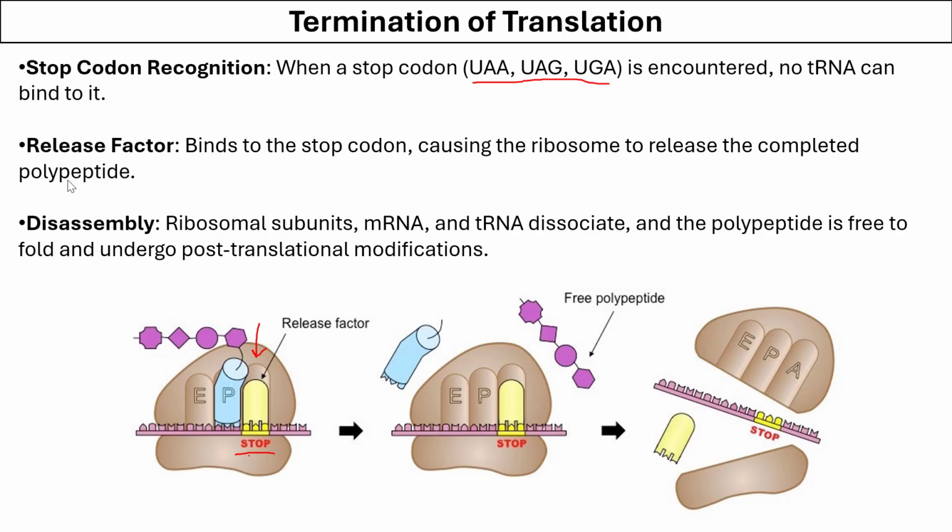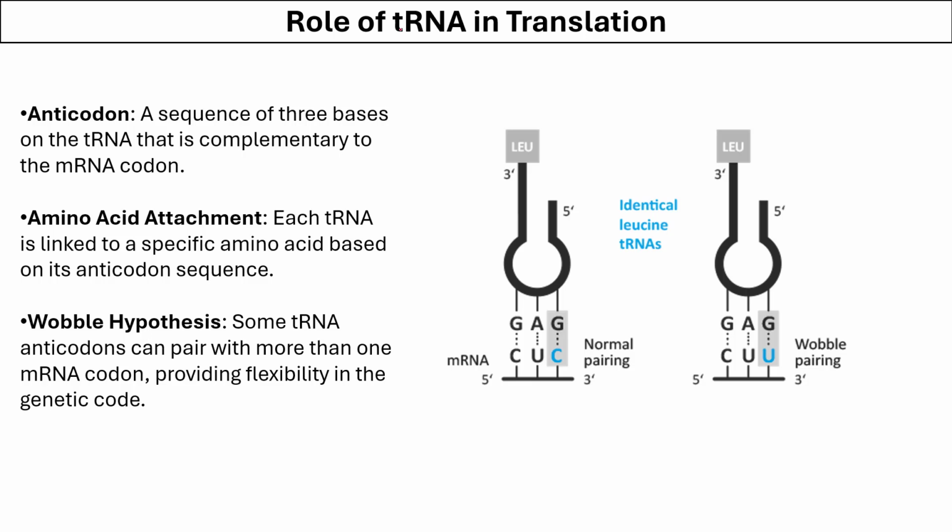Now, instead of tRNA, some release factors come and sit at the stop codon, which triggers the separation of ribosome subunits and the polypeptide chain. This polypeptide chain is then ready for folding and for undergoing post-translational modification, which then leads to the formation of properly folded proteins. Let's look at the role of tRNA in translation.